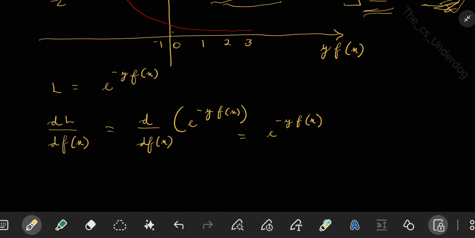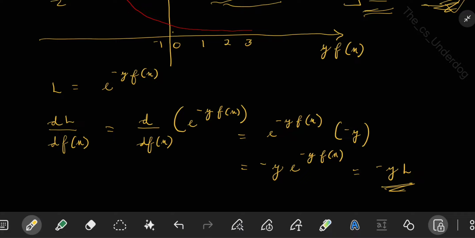So if I take this y forward, this will be minus y into e power minus y into f of x. I can do one more thing here. This particular thing is the same as the loss, so I can substitute L here. That is equal to minus y into loss. This is the gradient. If you take the gradient of this loss, you get minus y into loss. This is what you have to understand.